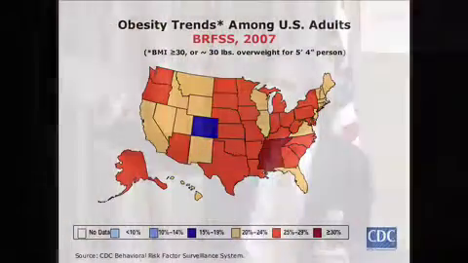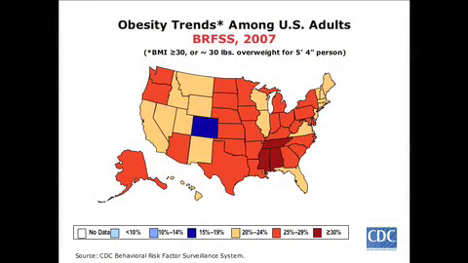So let's talk about obesity for a moment. In 2007, this is what the obesity map looked like in the United States. The darkest red represents states where more than 30% of the adults are obese. 30% obese. Not overweight and obese, obese.